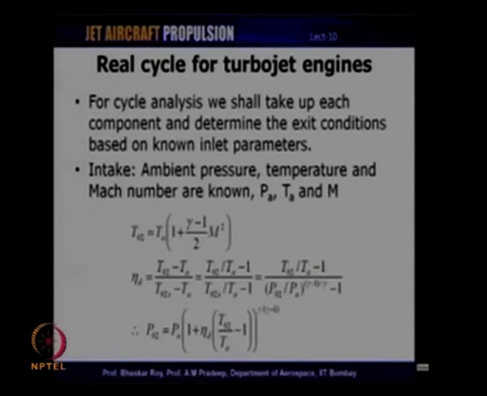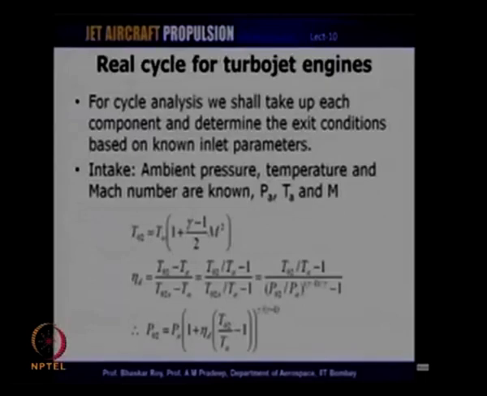We are assuming that this process is adiabatic, which is why T02 is equal to T0A, which can be calculated from the isentropic relations. So, T02 equals Ta multiplied by 1 plus gamma minus 1 by 2 M squared, following directly from the isentropic relations.